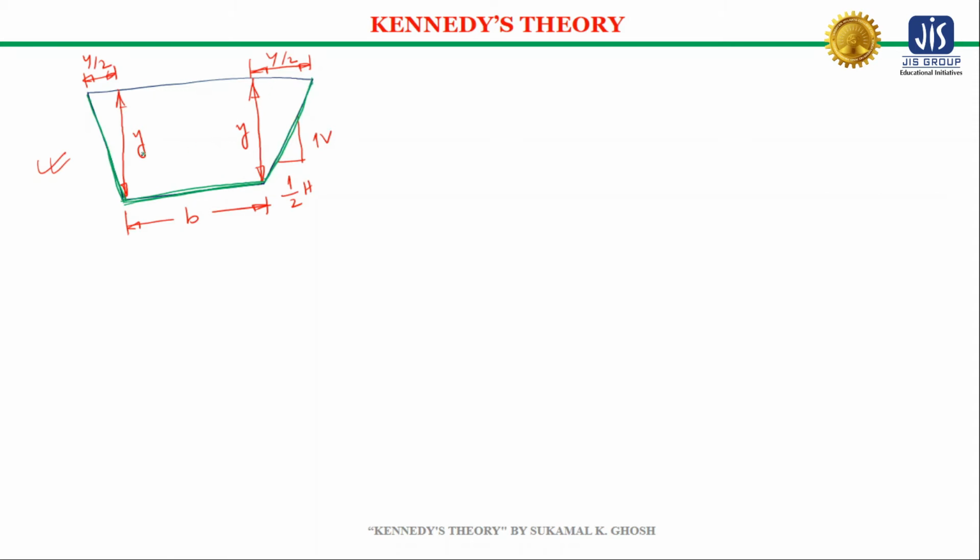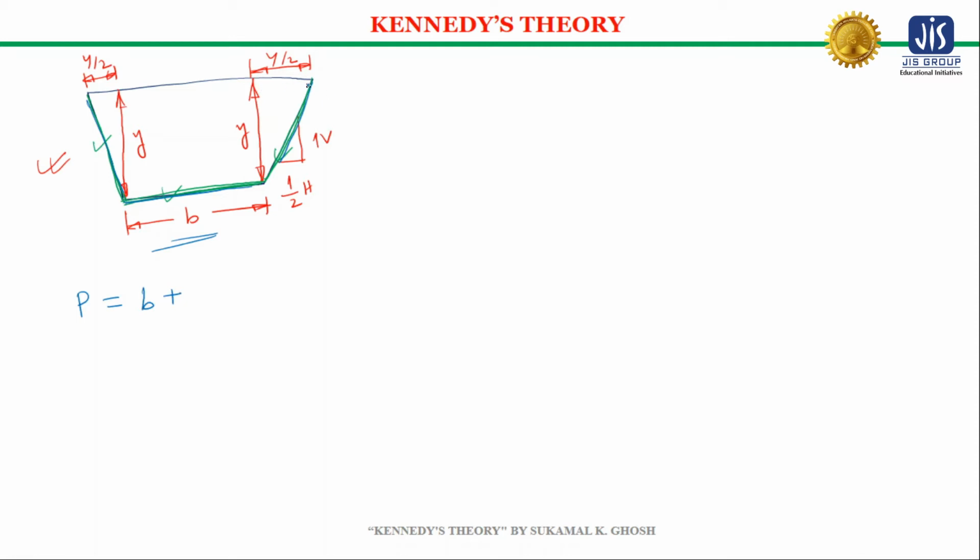So we need to calculate the length of this green portion. The wetted perimeter P is equal to this length plus this length plus this length. This length is B, we already know, so it is B plus.